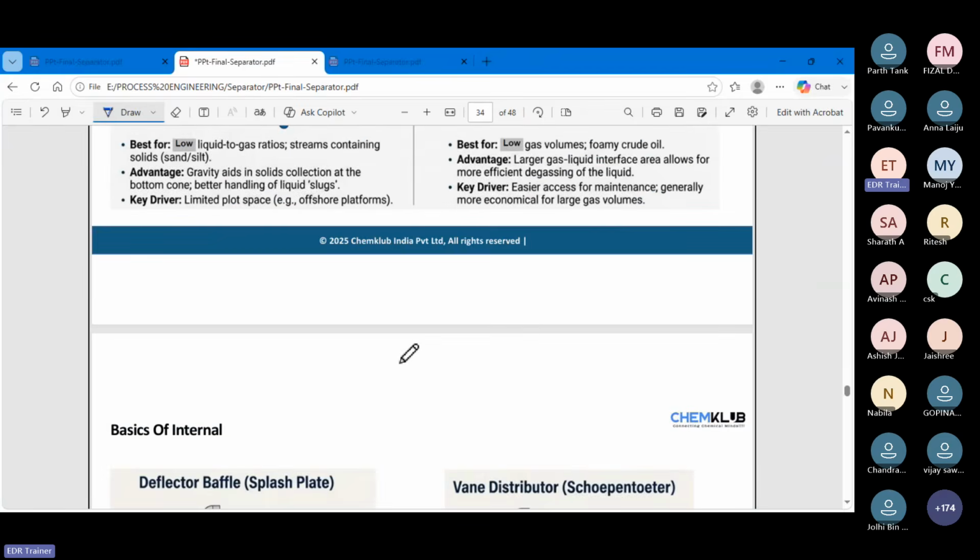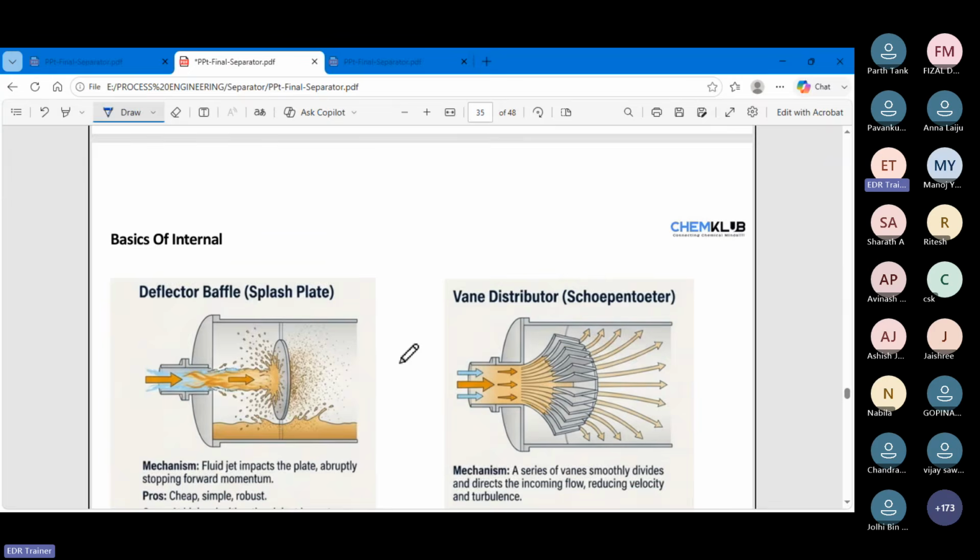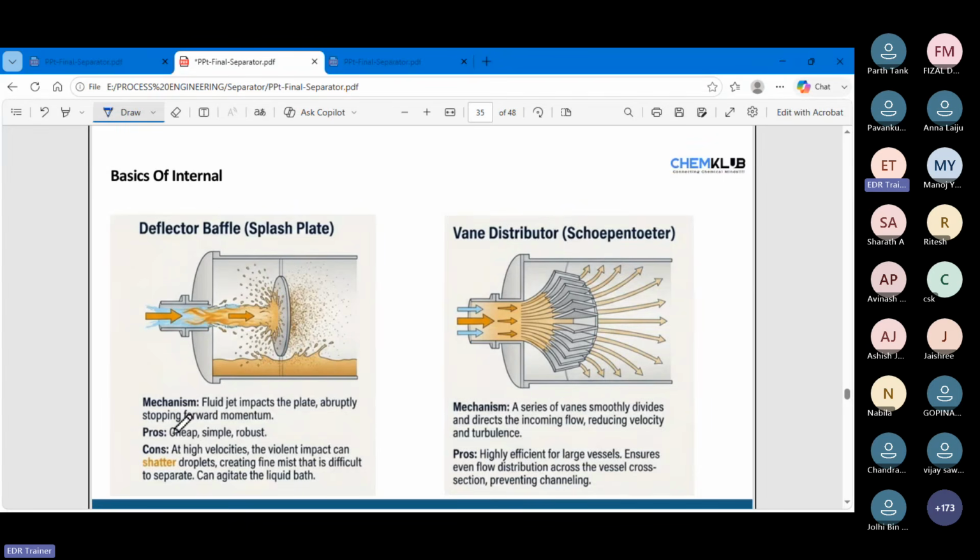Same for this, there are some internals: a deflector baffle, a vane deflector, and so on. All have their own requirements, mechanisms, and pros and cons.